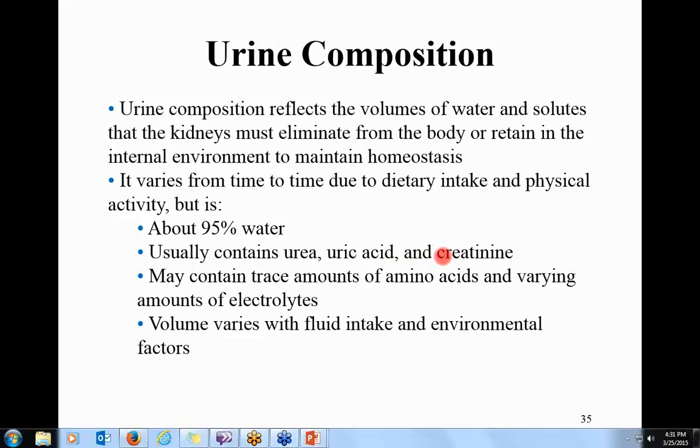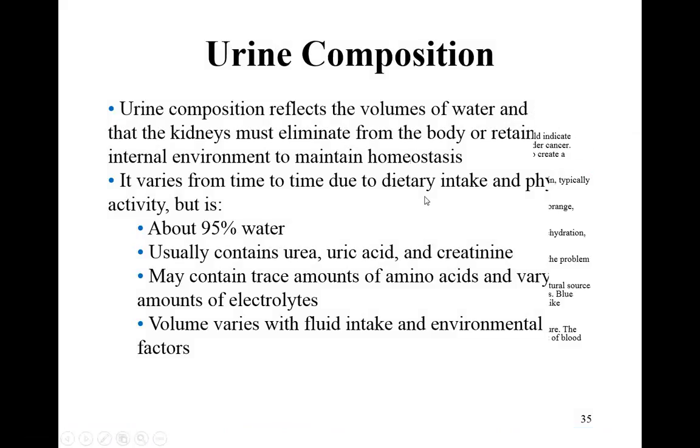These are metabolites of amino acid degradation. Remember, amino acids have the amino group, and the amino groups form these. Also, other amino acids, some electrolytes, and again, lots of things can affect urine composition. And I believe this is our last slide here.